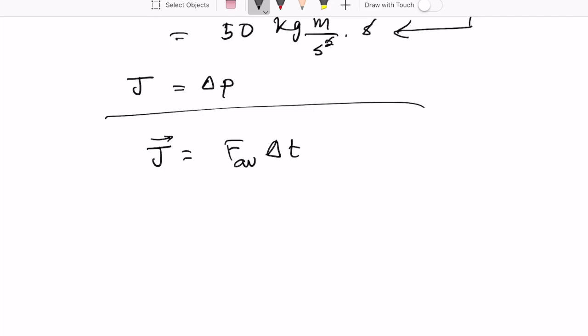We are just going to stick with this form for now, because for practical situations, we are usually just interested in the average force that acts. And that is equal to the change in momentum delta p. So F average delta t is equal to P final minus P initial.